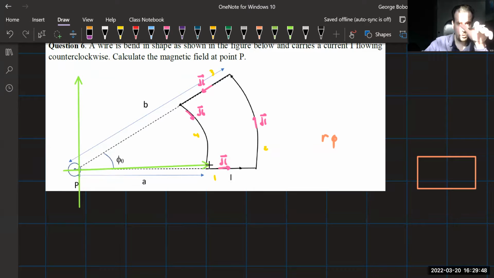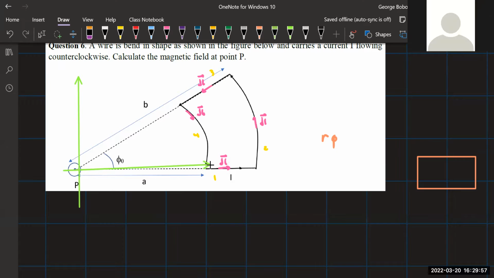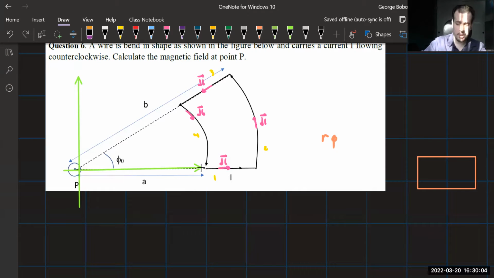So you guys see something special about what we just did? I always was changing one variable. And that's what drove me to break the problem into 4 parts, because each one was changing one unique variable at a time. Because if I had considered region 1 and 2 together, I would be moving along R here, and then phi, it would be messy and not really, again, even solvable.